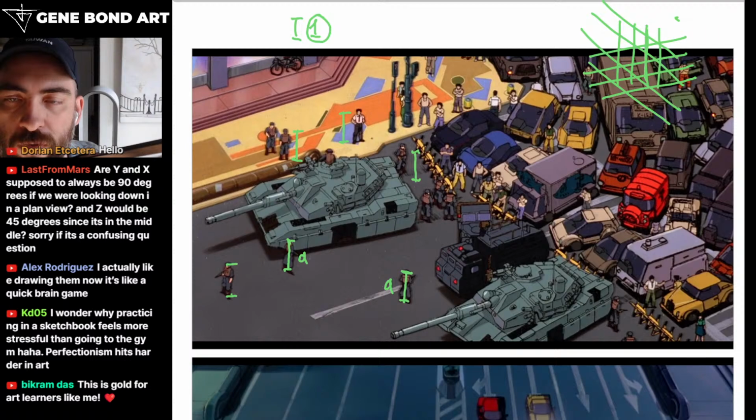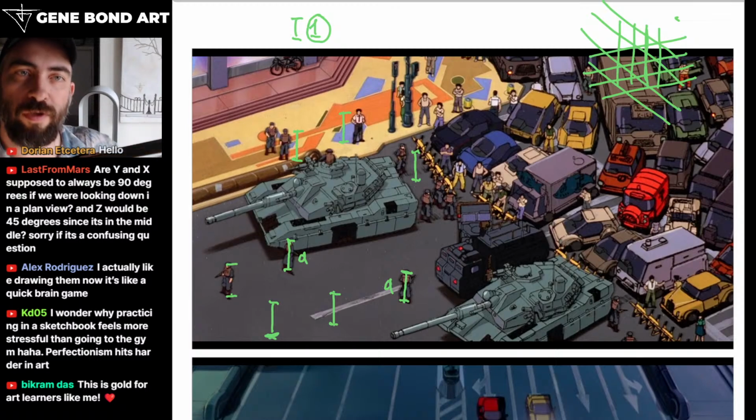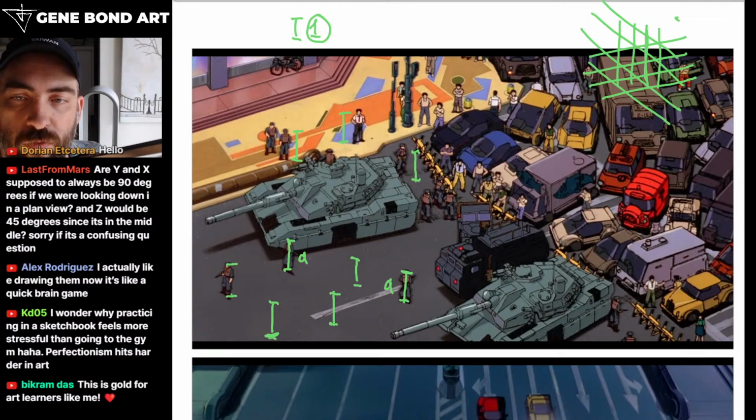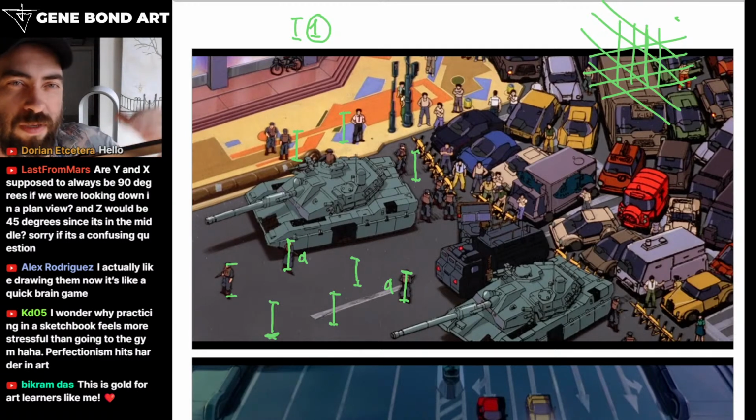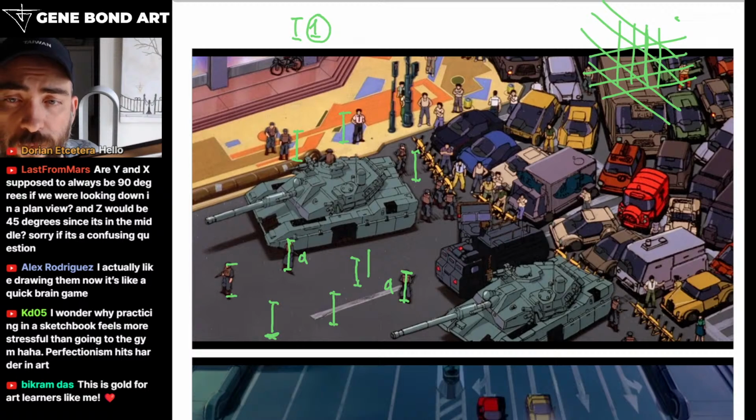So then we can say, okay, now you just drop the same height, just eyeballing it approximately, because here you have this kind of freedom to be loose, because people can be a little taller, a little shorter, and it will still look very natural.